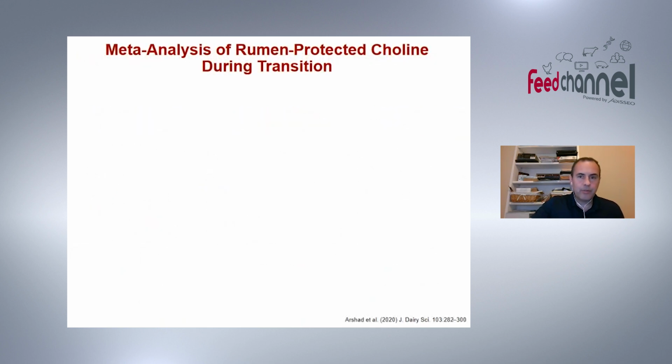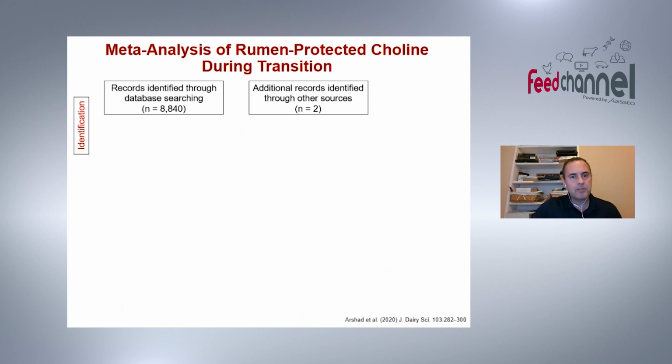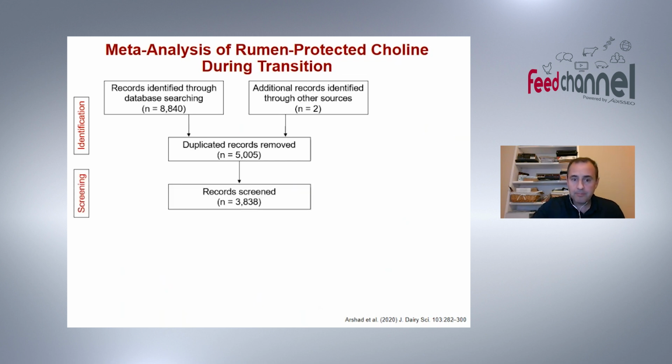We recently reviewed the literature to look at responses to choline supplementation starting prepartum and carrying on through the early postpartum period. During this process, you go through searching the literature, in which we found lots of papers that cite the word choline, but many of them were duplicated in the different engines that we use to search.